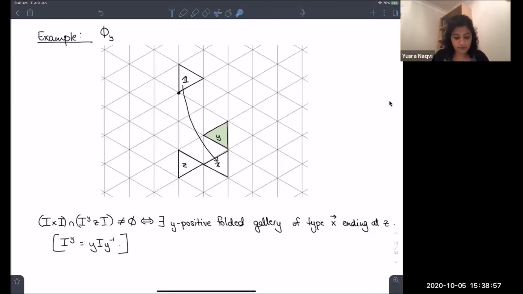It is easier for me to figure out when I can fold these things. So here's a theorem that I think goes back to Bruhat and Tits, who developed the theory of buildings. This kind of intersection would be non-empty if and only if there exists a positively folded gallery with respect to an orientation away from this of type X ending at Z.